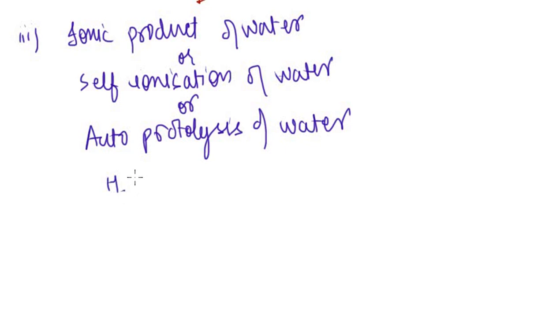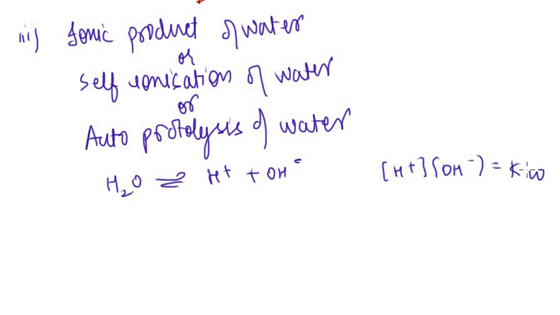So H2O breaks into H plus and OH negative. The multiplication of the concentrations of H plus and OH negative comes out to be Kw.